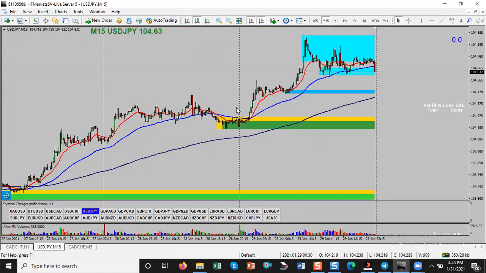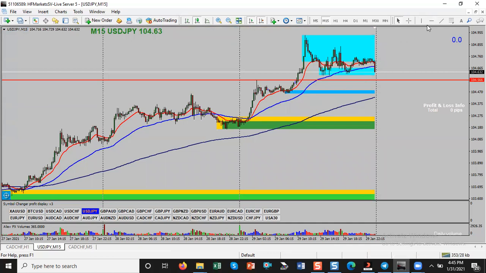What we are waiting for is a 1-hour demand zone to appear, which happened here. At this point, we must ensure that the price is above the 200 exponential moving average. The 13 and the 50 exponential moving averages are above 200. If they are lined up this way, 13 above 50, 50 above 200, there's a high probability that this trade will go well. So as soon as this comes up, you take your buy.